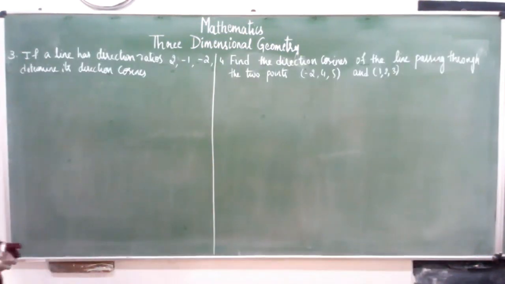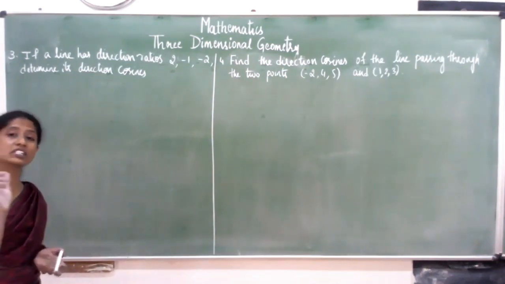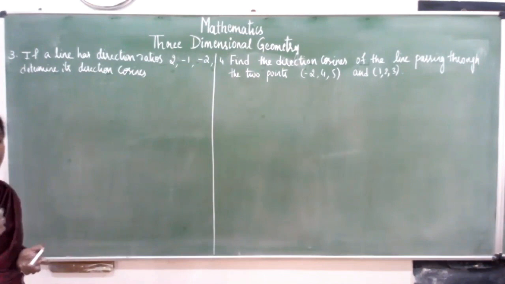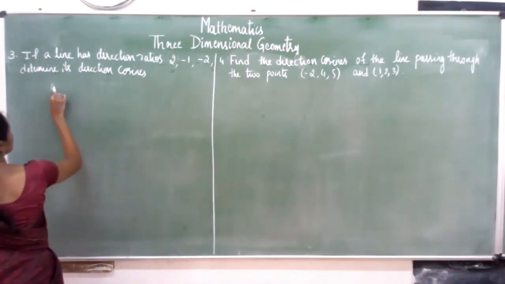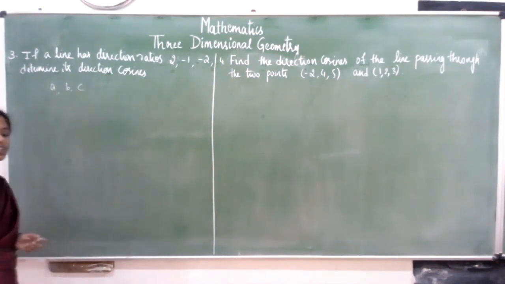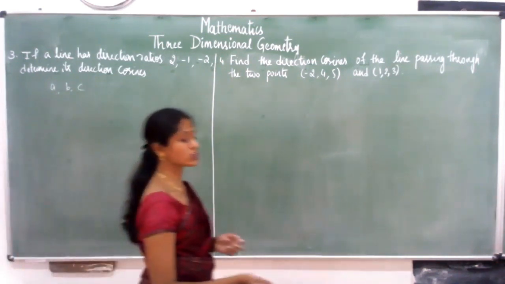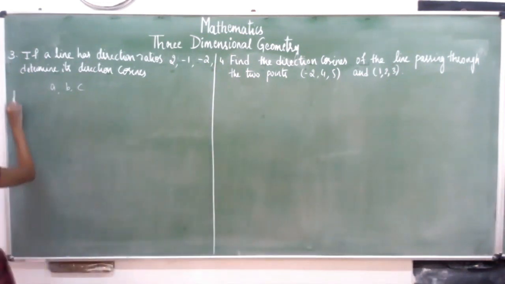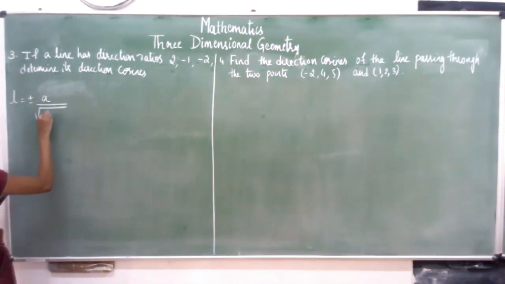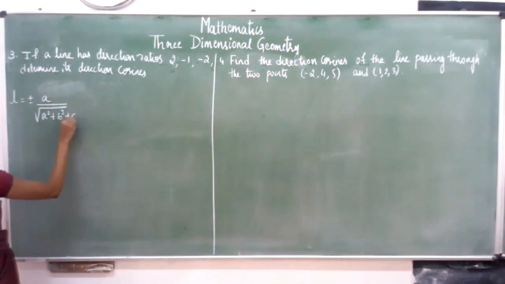Next question. Here you need to find the direction cosines when the direction ratios of a line are given. We already know that if A, B, C are the direction ratios, then the direction cosines of the line are given by the formula: L is equal to plus or minus A divided by root of A square plus B square plus C square.